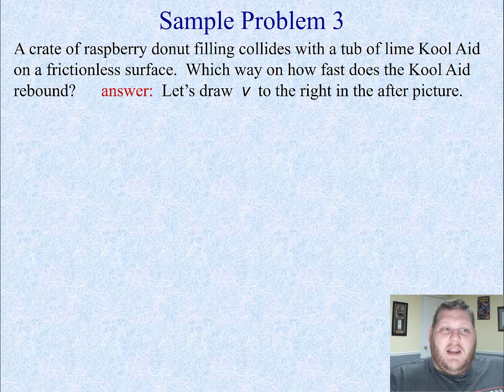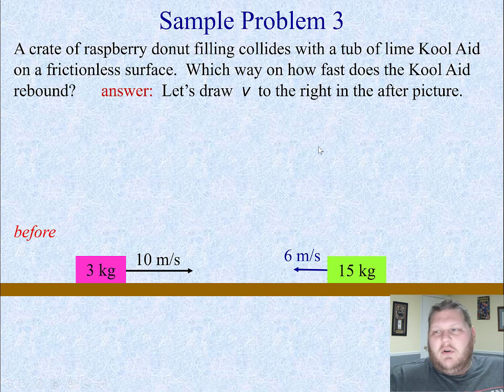We've got a crate of raspberry donut filling that collides with a tub of lime Kool-Aid on a frictionless surface. It's supposed to say which way and how fast does the Kool-Aid rebound? Let's draw V to the right in the after picture. So here is before. This is our information that we're given beforehand.